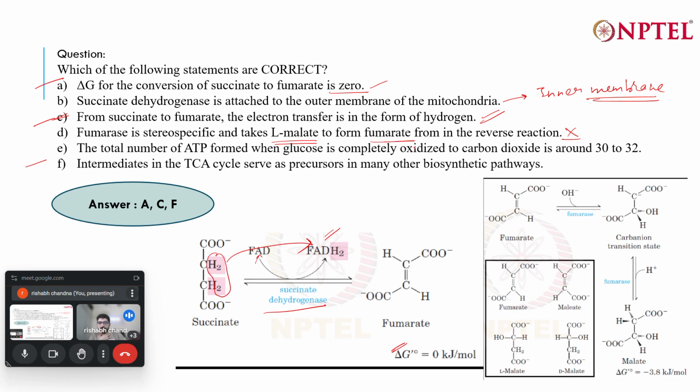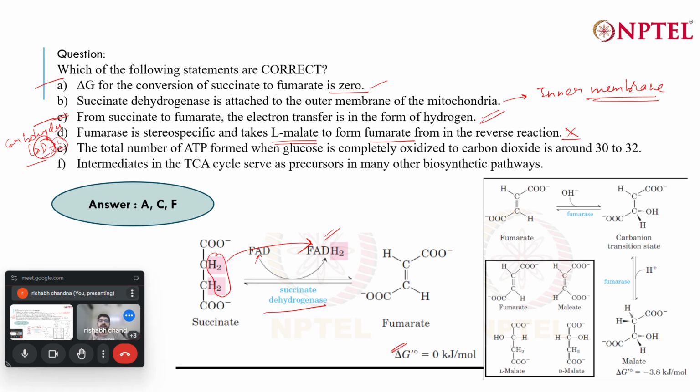So remember one thing, in carbohydrates we use only D form. Okay, not L form. Only for amino acids we use L form. Okay, so this is actually a false statement.